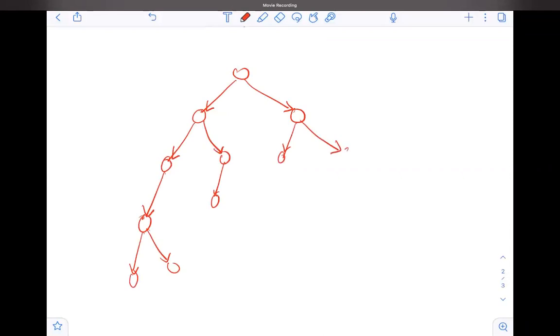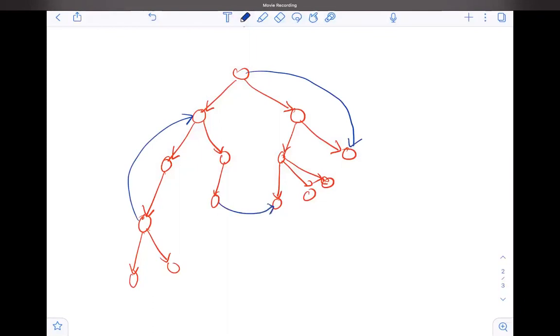This is the directed spanning tree that I'm talking about. Now there are lots of other edges that are not in this tree. They can be edges like this, like this, like this, and so on.